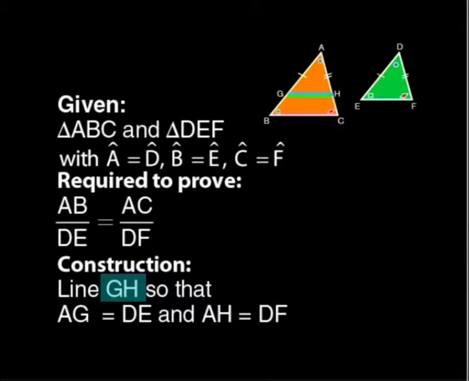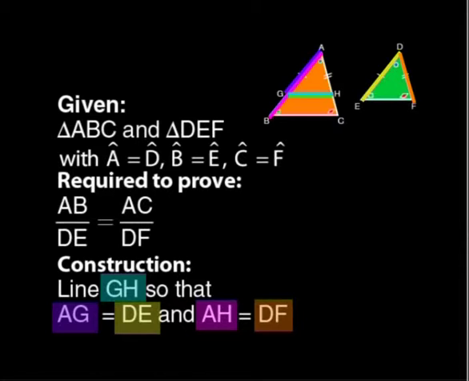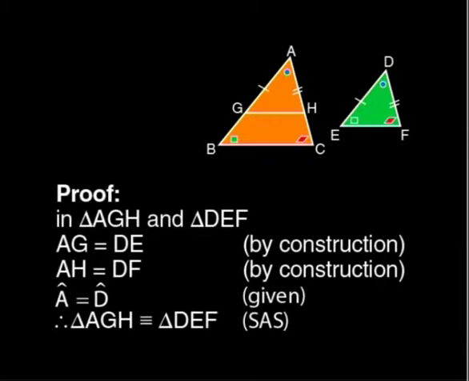Construction is line GH so that AG equals DE and AH is equal to DF. The proof starts with congruency. In triangle AGH and triangle DEF, AG equals DE and AH equals DF by construction. Angle A equals angle D, given.